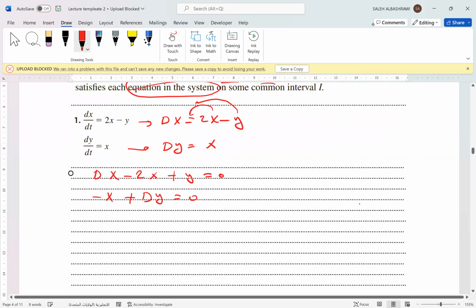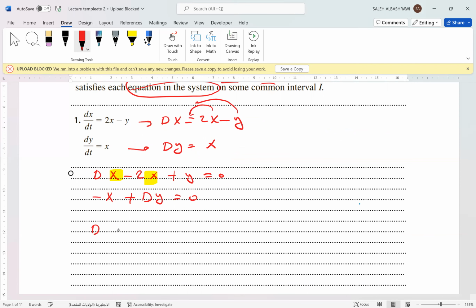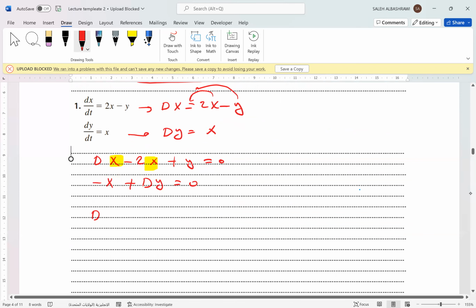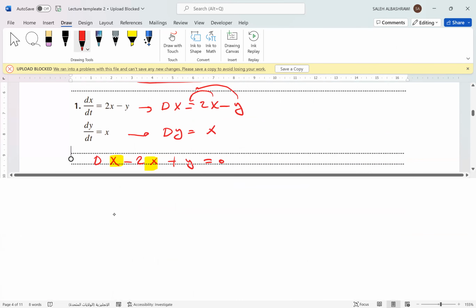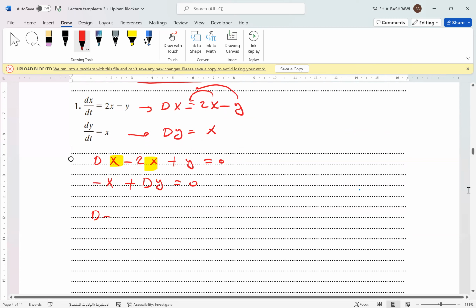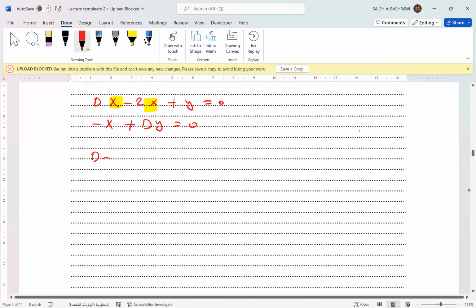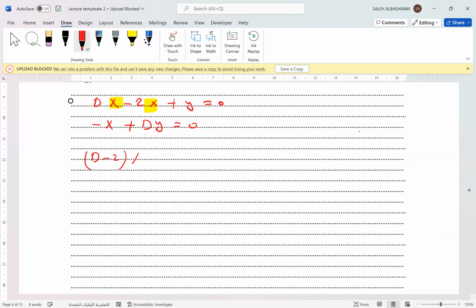Or, if I take x as a common factor from the first two terms, I will have (D minus 2)x plus y equal to 0, and minus x plus Dy equal to 0.